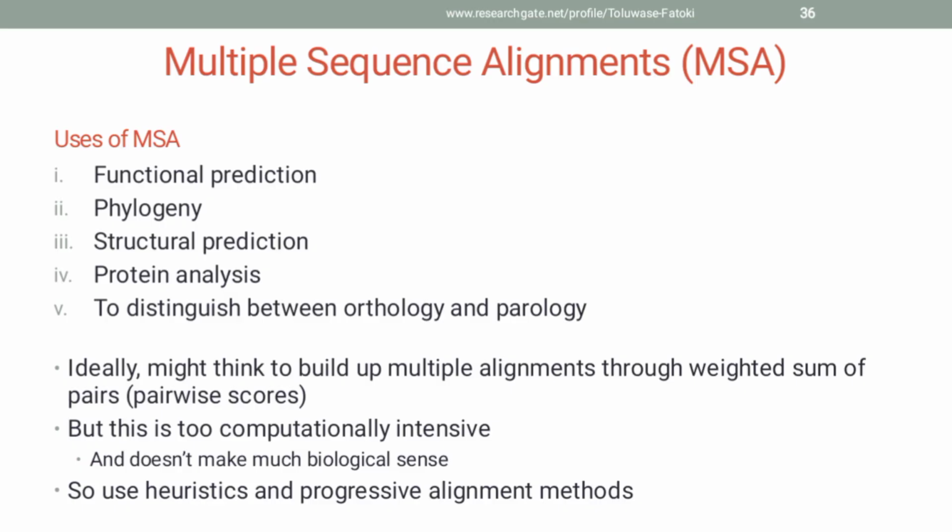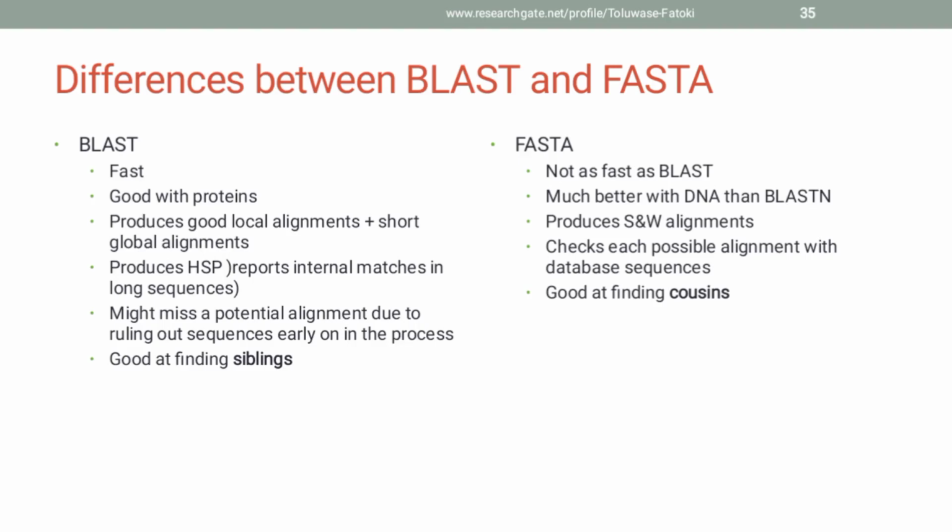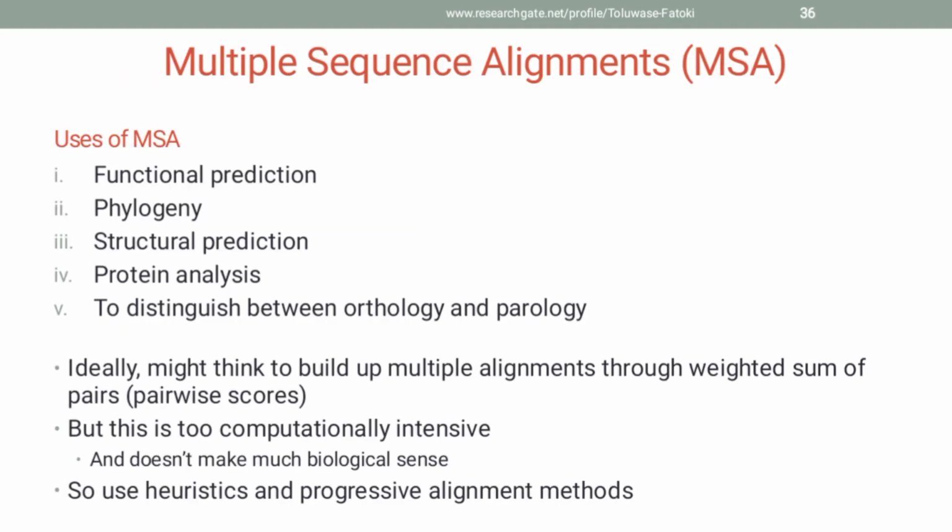Then it can also be used for structural prediction, when you align one particular structure against another structure to see their root mean square deviation, RMSD, and the rest. Multiple sequence alignment and multiple structural alignment go together. It is basically for protein analysis, but sometimes can be used for RNA analysis.